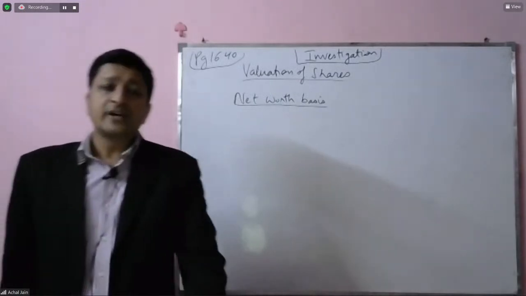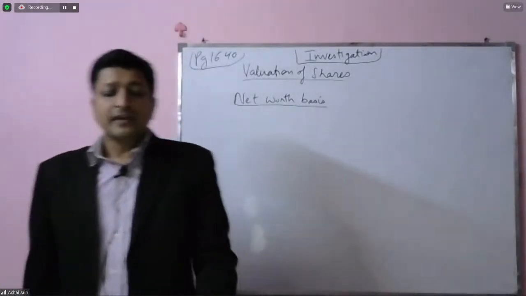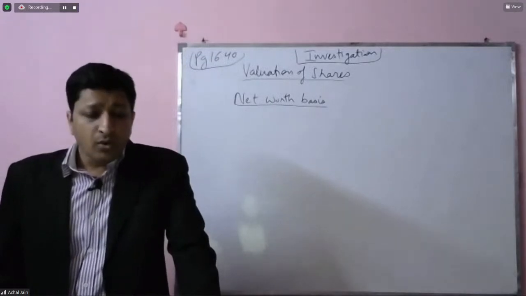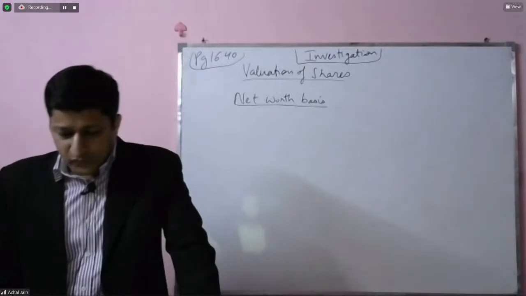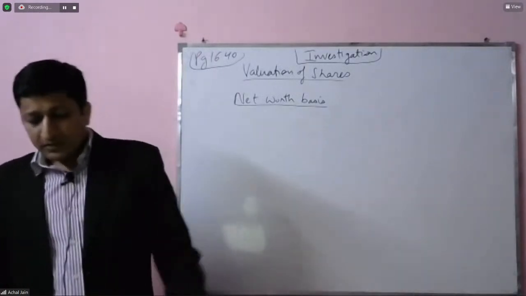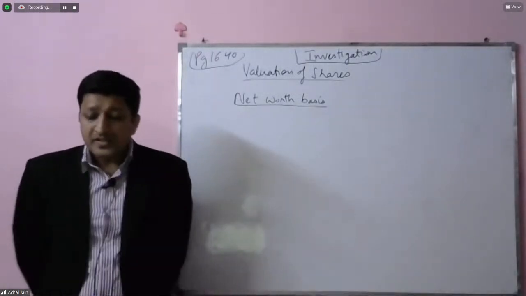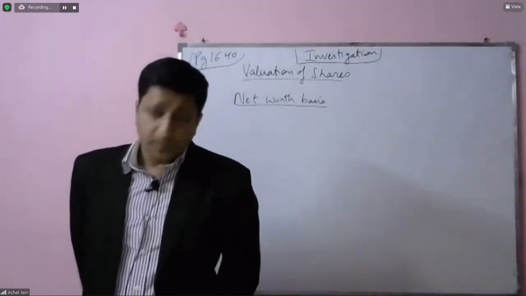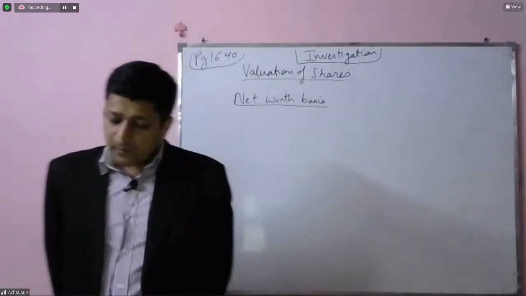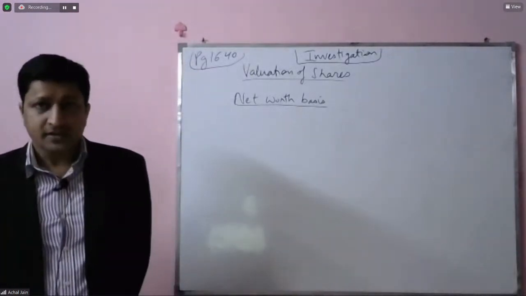The value of different assets on revaluation may be either more or less in comparison to their book values. The value of the goodwill of a business is primarily dependent on its capacity to earn super profits and the period over which these are expected to arise.